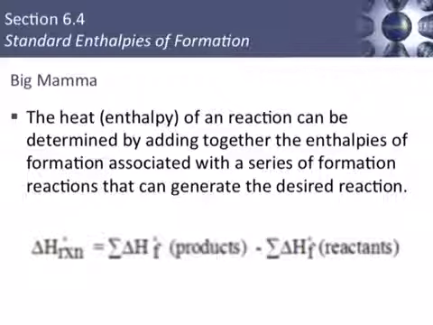So the delta H can be determined by taking the sum of the heat of formations of our products, and we subtract the sum of the heat of formations of our reactants. Products minus reactants. All right? So the sum of products minus reactants is Big Mama.